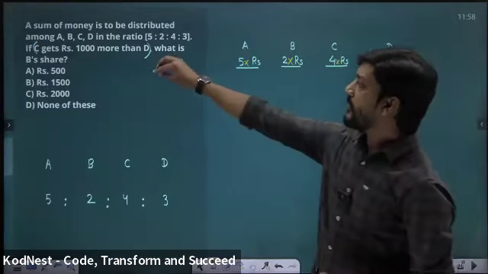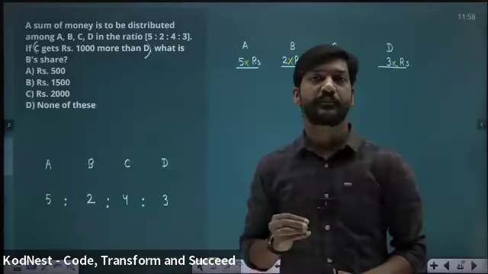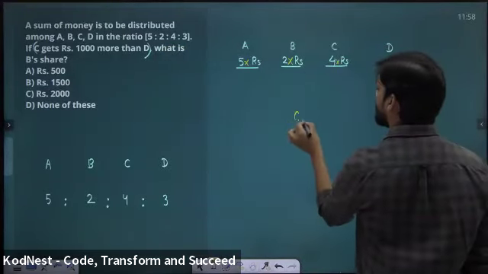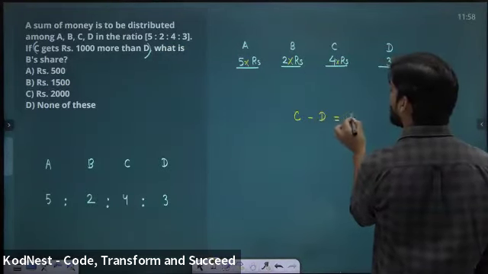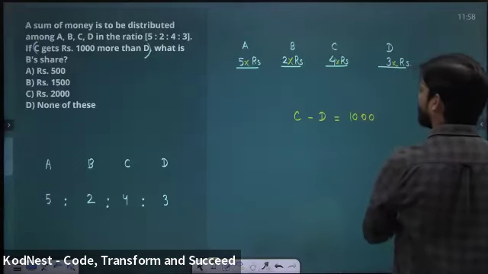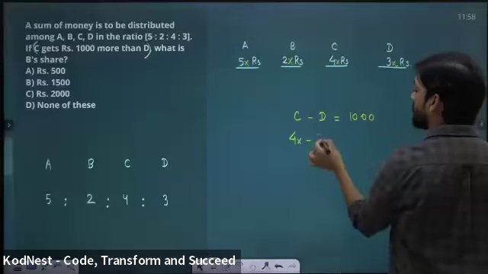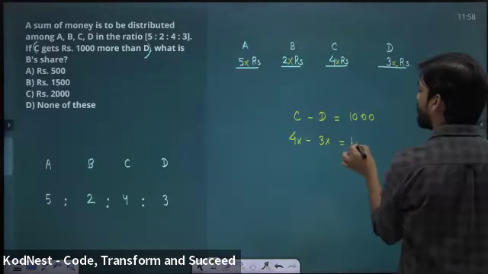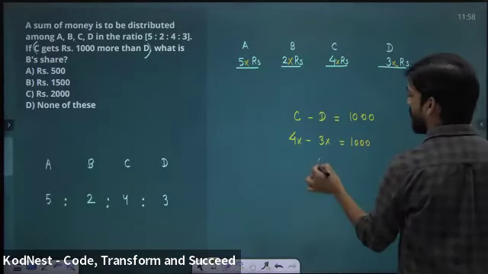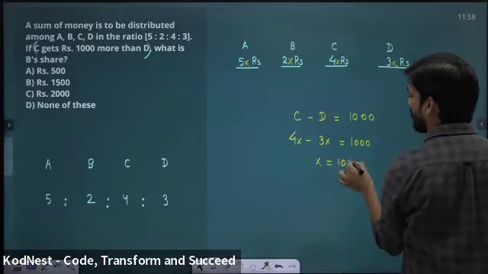Now what is given? C is getting 1000 rupees more than D. So that means C minus D is 1000. Put C as 4x and D as 3x, equal to 1000. So x equals 1000.